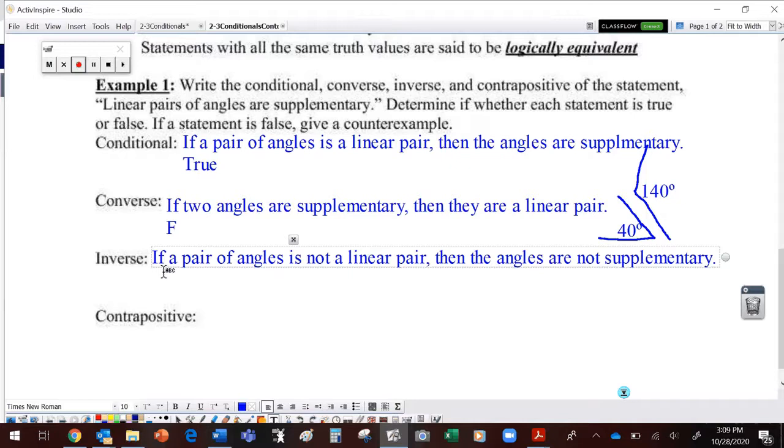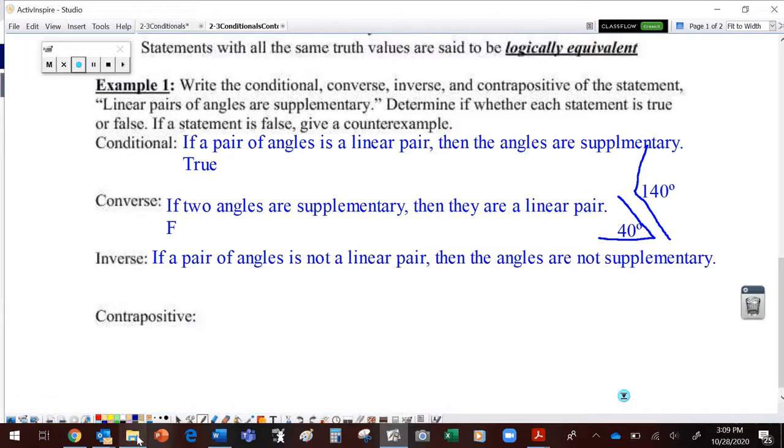What this is saying is that angles have to be a linear pair in order to be supplementary, and that's not necessarily true. I can definitely look at this same example that we just talked about for both of these. This is not a linear pair, but those angles are definitely supplementary. So this pair of angles works for both the converse and the inverse of that original statement.